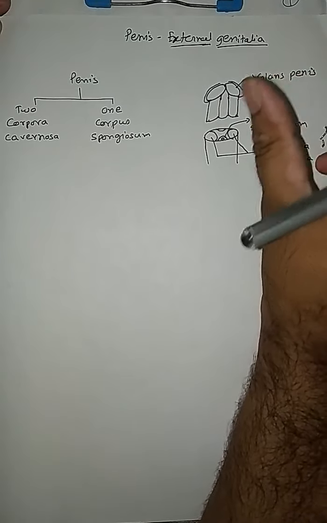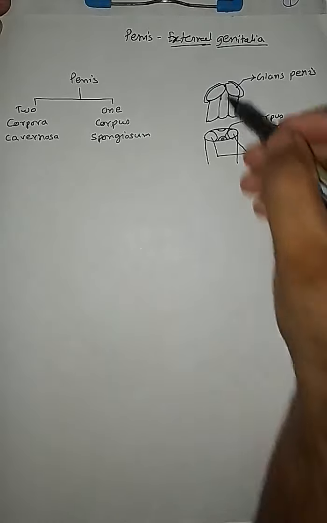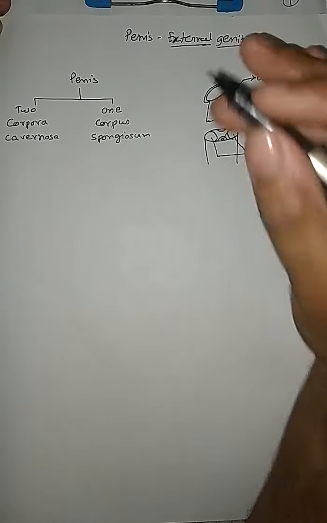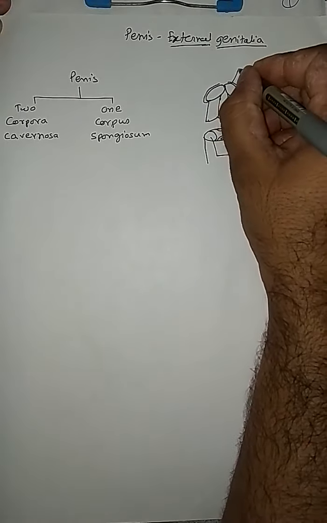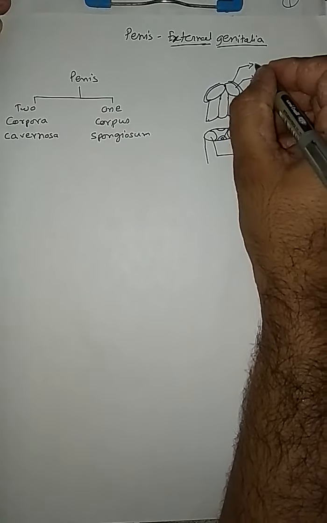This is an enlargement of the corpus spongiosum. There is one layer of skin present on the glans penis, and this layer is called the foreskin.